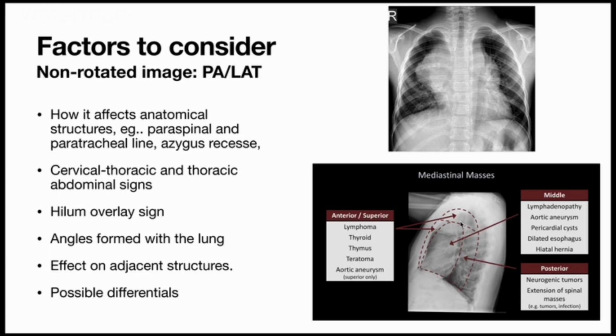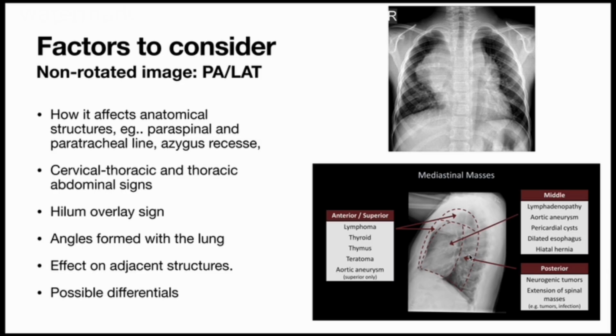For example, in the anterior compartment, that is the anterior mediastinum, we usually suspect the lymphomas, the thyroid, the thymus, generally 3 T's. In the middle, this is where we find mainly the vessels, the cardiac, so we talk about pericardial disease, the aortic aneurysm, and so on and so forth.